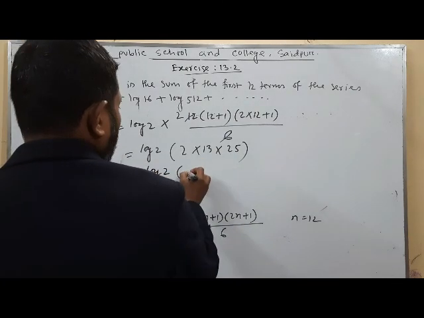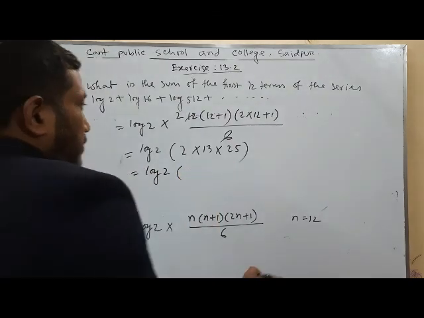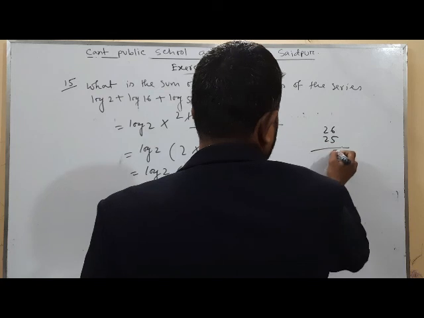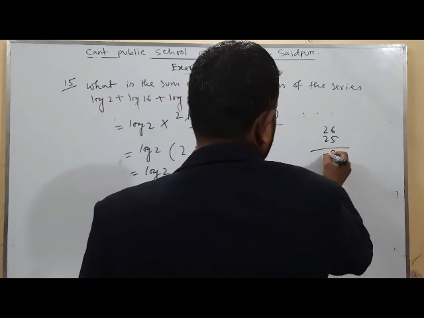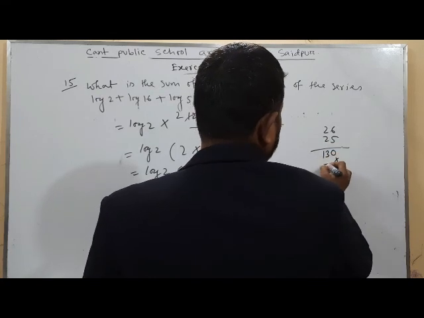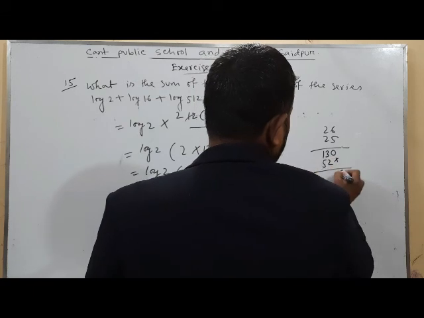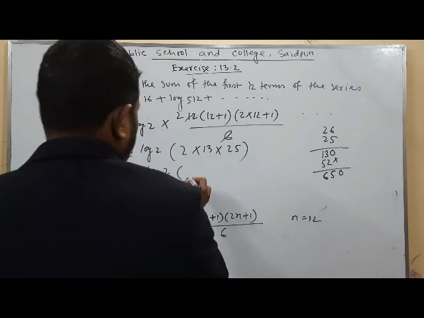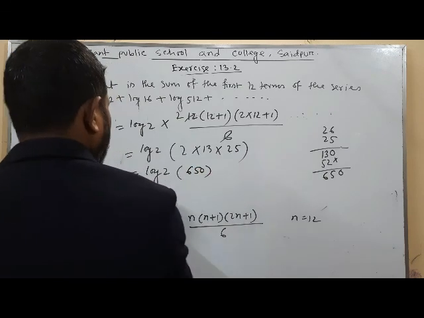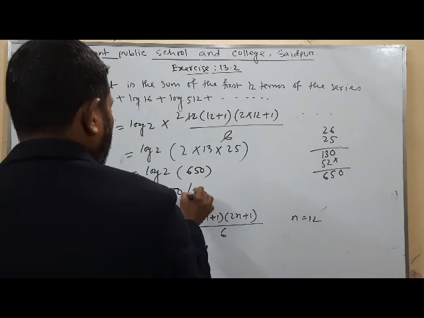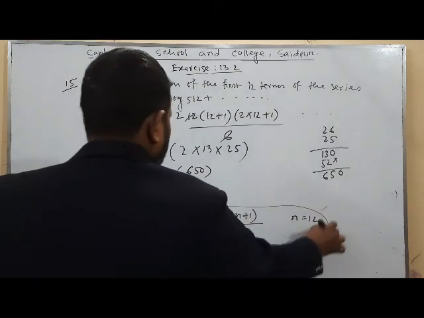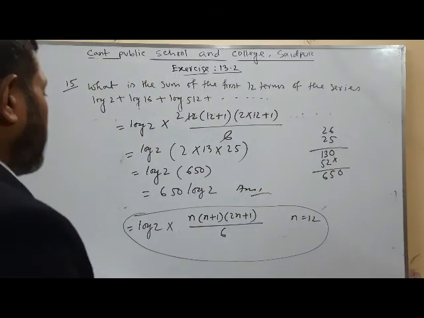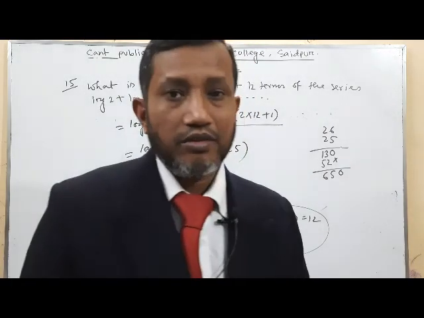Log 2 into 26 and 25, we know 26 and 25 multiply is 650, log 2. So this is the answer to this question. Thanks for watching my class.